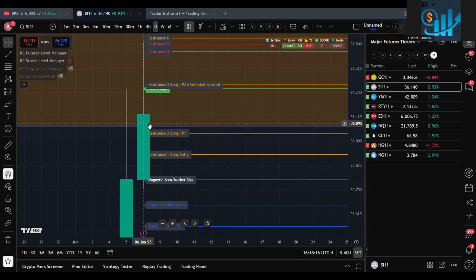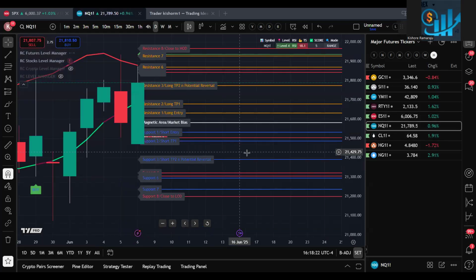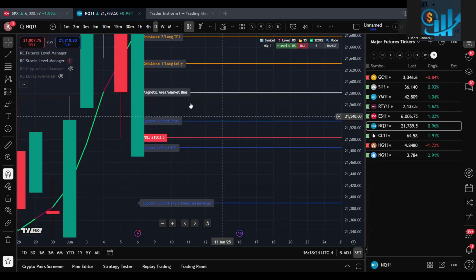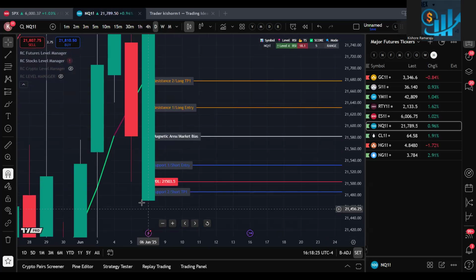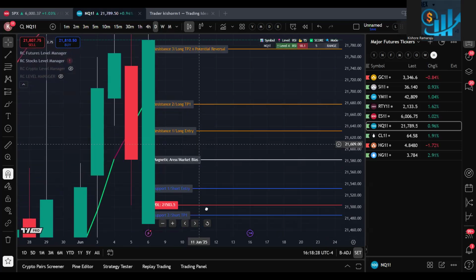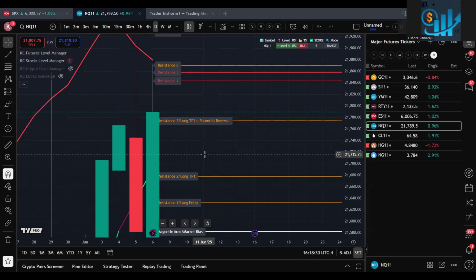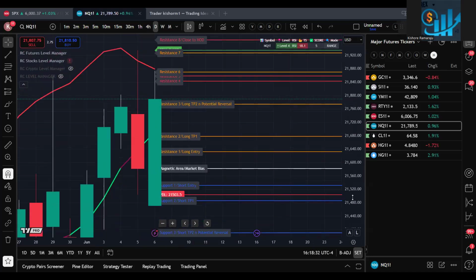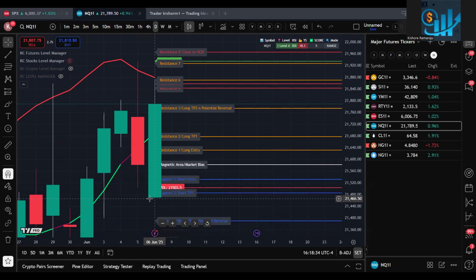So this is a better opportunity compared to ES or NQ, because in NQ also, if you see, the open was below the magnetic area, the close was above the magnetic area. So then there is a 70% chance the trend will continue.